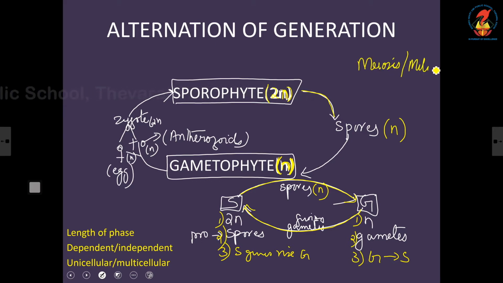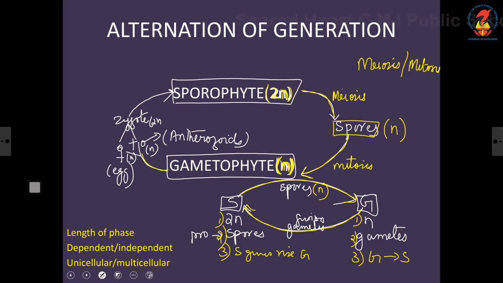Which division is applicable here? Where the chromosome number becomes half, it is meiosis. So by meiosis, the sporophyte gives rise to the spores, and then the spores, definitely N becomes N, so it is by mitosis that they gave rise to the gametophyte.